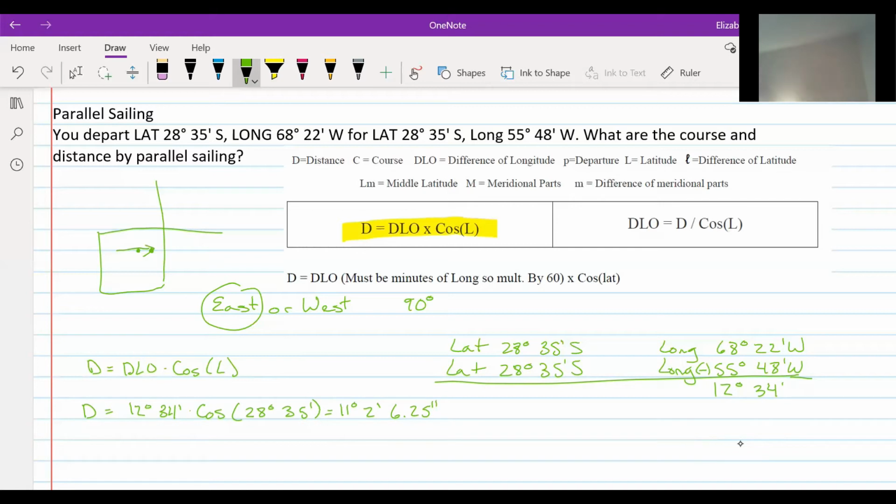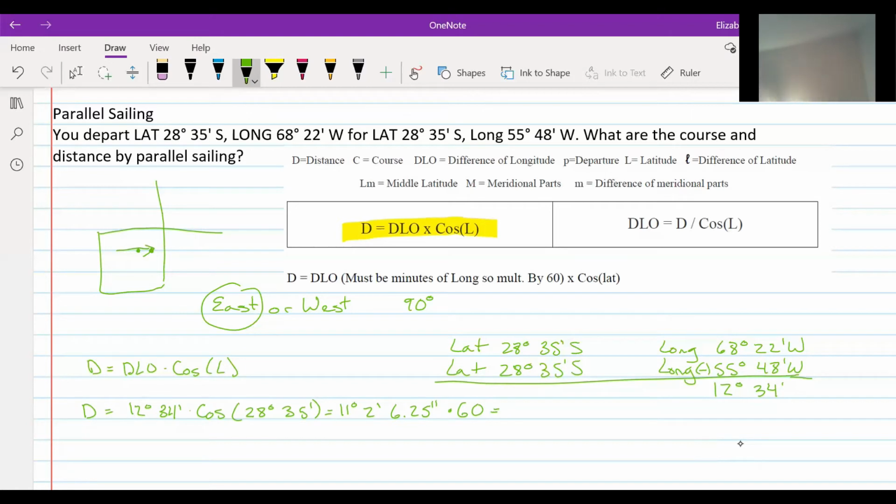So we are not quite done yet. That is the distance in degrees, but that doesn't make sense to me and doesn't make sense to you, how far we're actually going. So we need to convert it into nautical miles. And that's simply multiplying it by 60, because 1 minute is the same as 1 nautical mile.